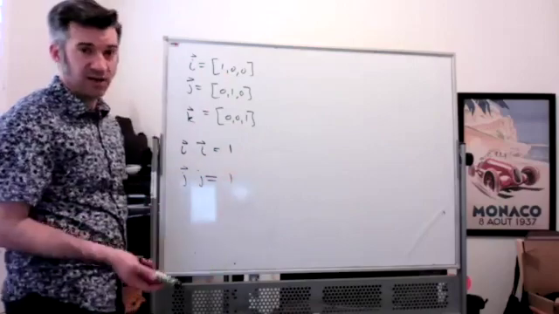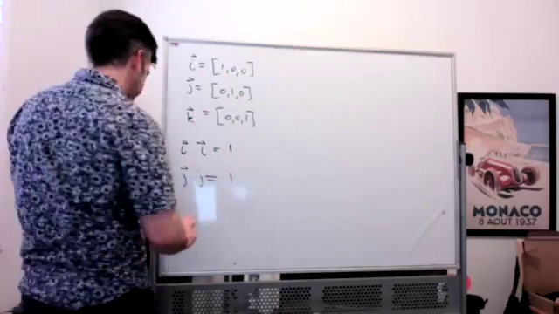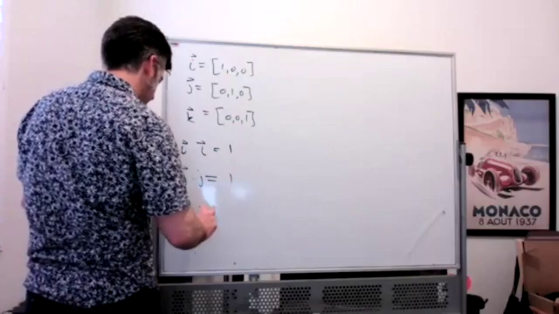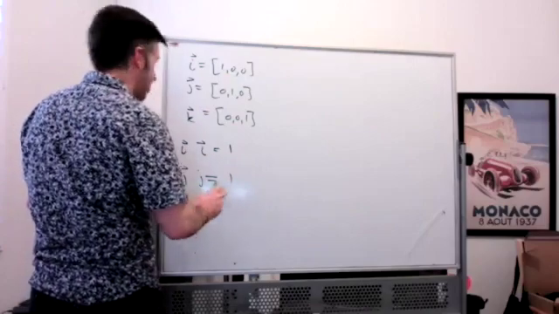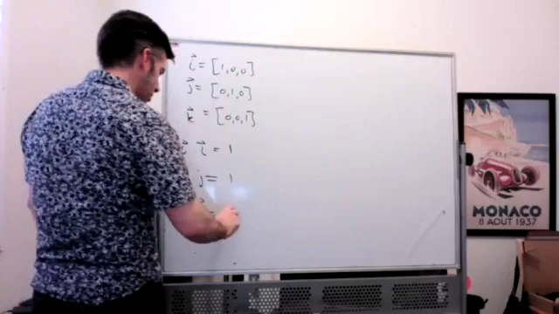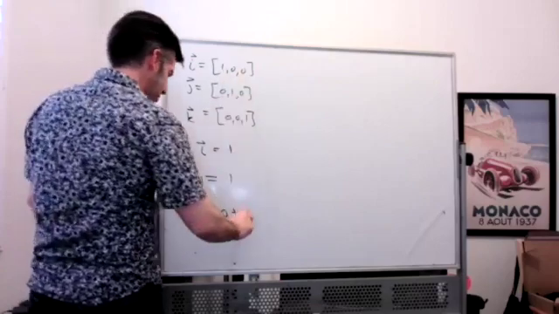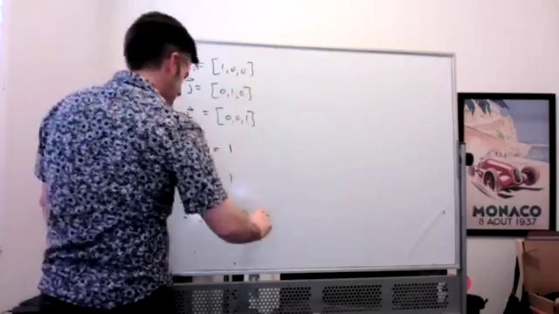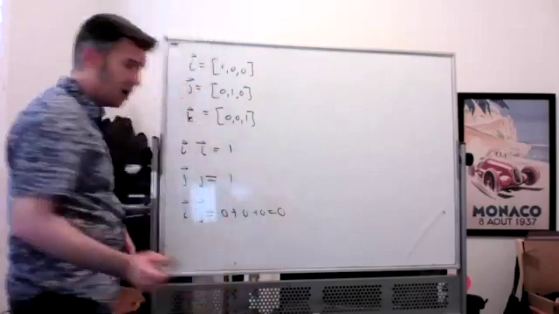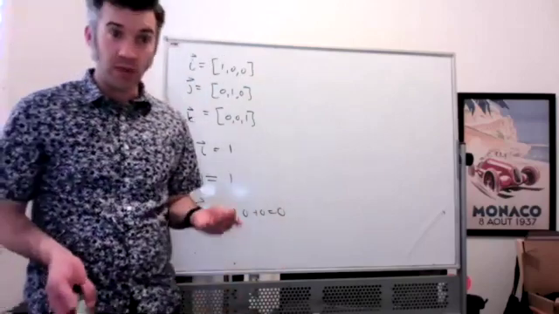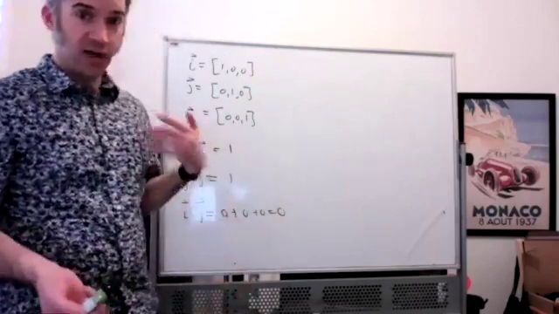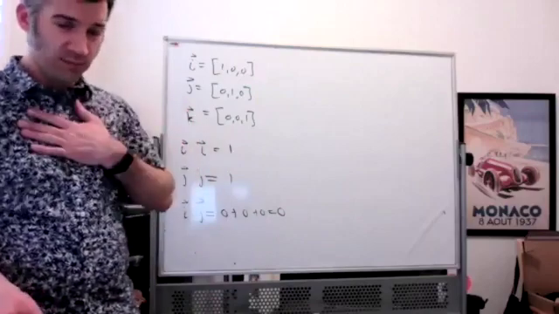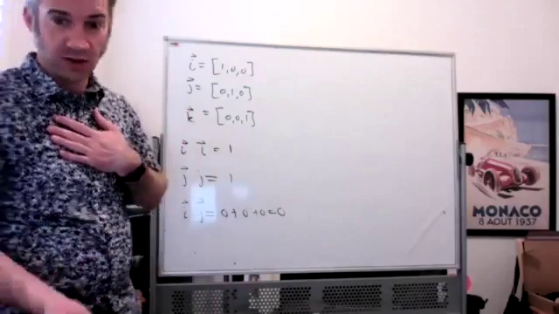Whereas if you dot any of these vectors with any of the other ones, if you do i dotted with j, you're going to get 1 times 0 plus 0 times 1 plus 0 times 0, which is 0, which means those vectors are perpendicular. Two vectors have a dot product of 0 if and only if they're perpendicular or orthogonal to each other.